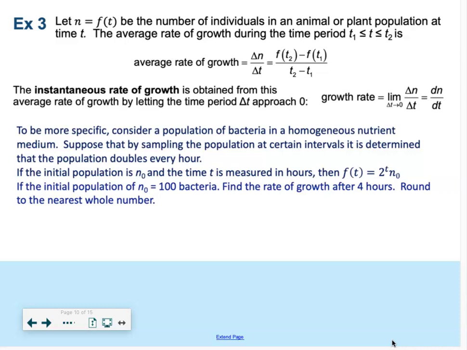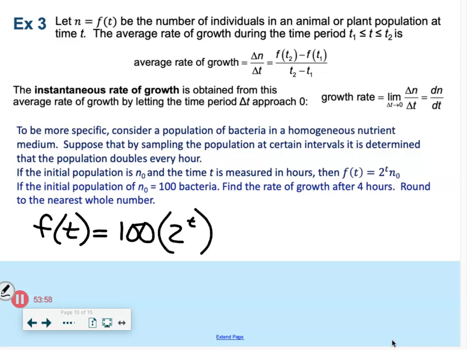So if the initial population is 100, find the rate of growth after 4 hours. Round to the nearest whole number. So our f of t, if our initial population is 100, is 100 times 2 to the t.